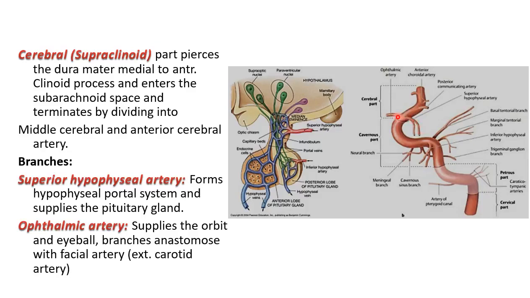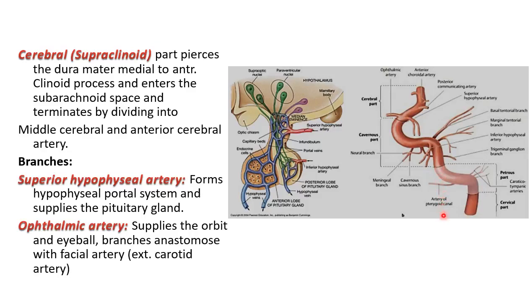Then other two branches we are going to discuss. Before that, you are able to see the petrous part is giving other branches. Mainly it gives caroticotympanic arteries, not the nerves, which enter the tympanic plexus. And then it also gives the artery to the pterygoid canal.